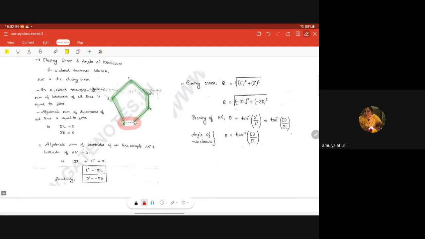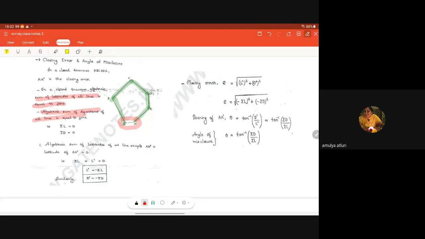In a closed traverse, the algebraic sum of latitudes of all lines must be equal to 0. And the same, the algebraic sum of departures of all lines must be equal to 0. So these are the conditions in closed traverse. Sigma L is equal to 0, sigma D is equal to 0.